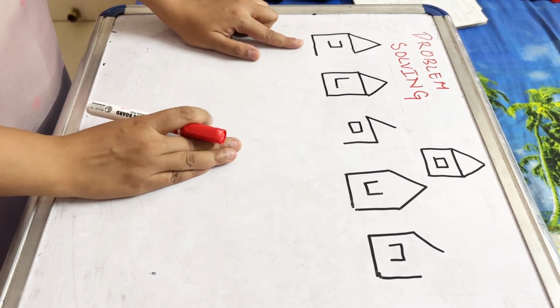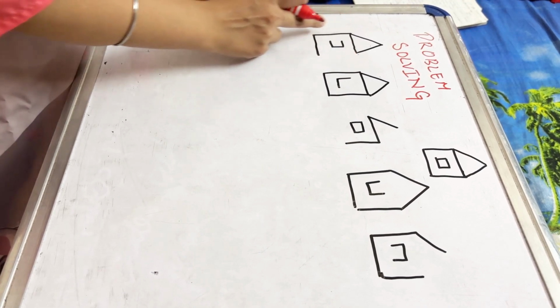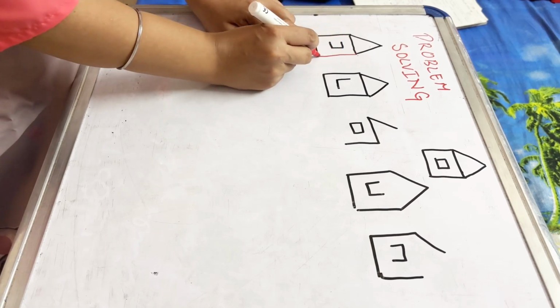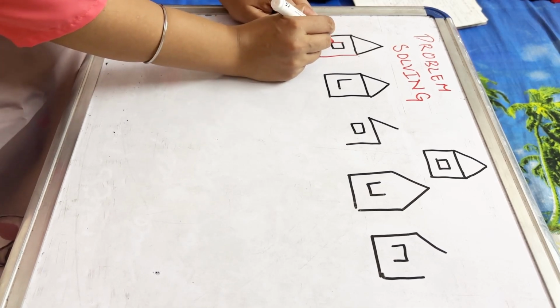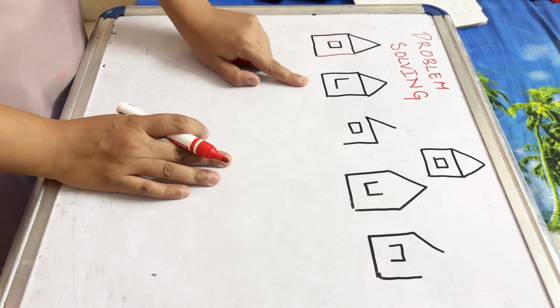Let's take the easy one first. There is a triangle on top and a square at the bottom. Oh, let us complete the square. And the square inside. Let's complete this square too. This was easy. Let's try the next one.